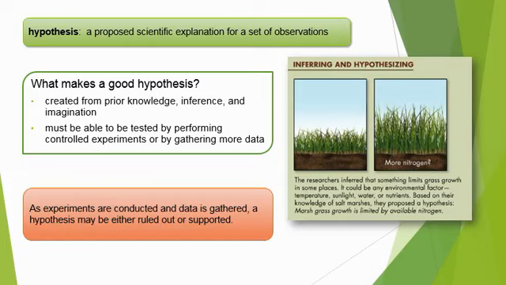It's a proposed scientific explanation for a set of observations. You're using your prior knowledge, your inferences, your imagination. It's also really important that a hypothesis be testable. We have to be able to test it so that we can collect data. As we collect data, we may go back and we may support a hypothesis, we may rule out a hypothesis, and we may even have to revise a hypothesis.